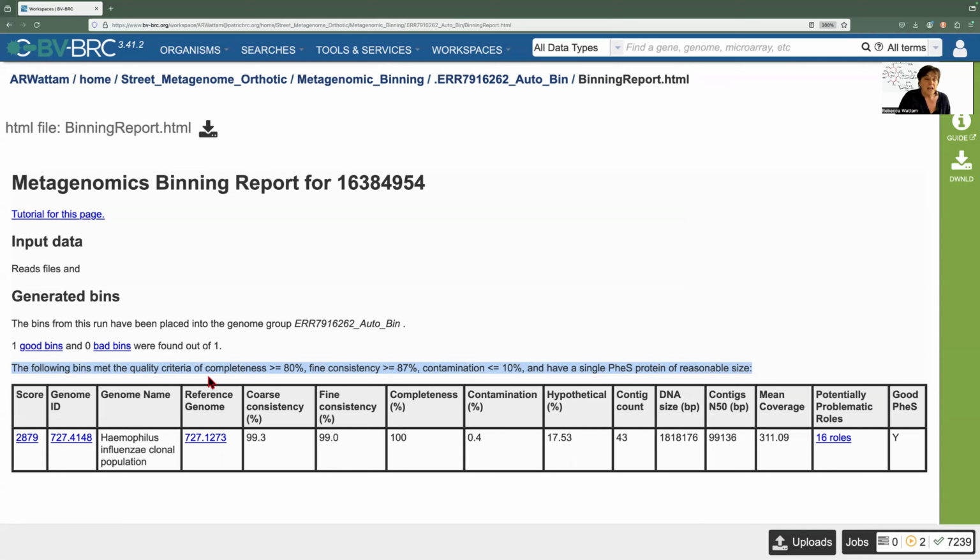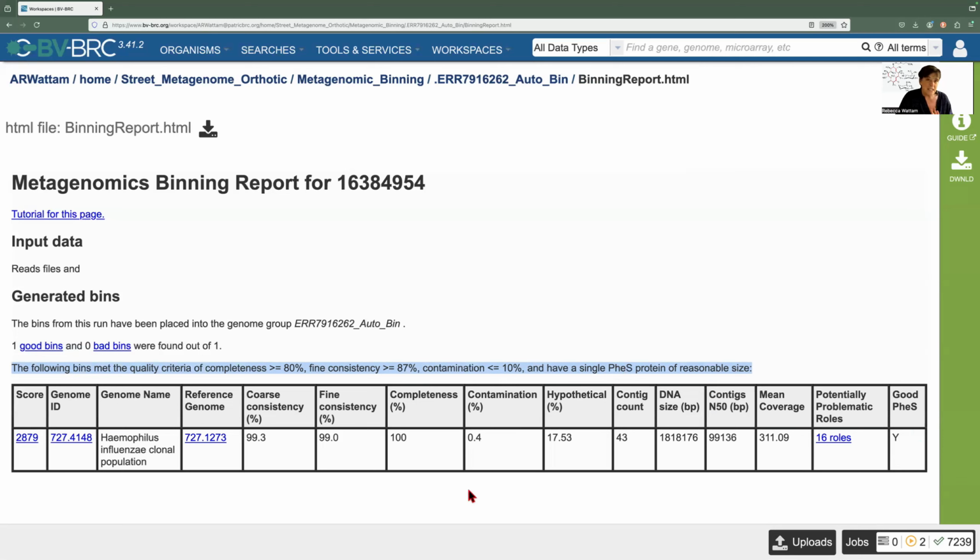So it's got to have a completeness of over 80%, a fine consistency of greater than or equal to 87%, a contamination of less than 10%, and have a single phenylalanine tRNA synthase gene, which is just the gene that the people who designed this algorithm chose as something that almost all bacterial genomes have, all should have it, and they should only have one copy. So if you have that, it has a yes.